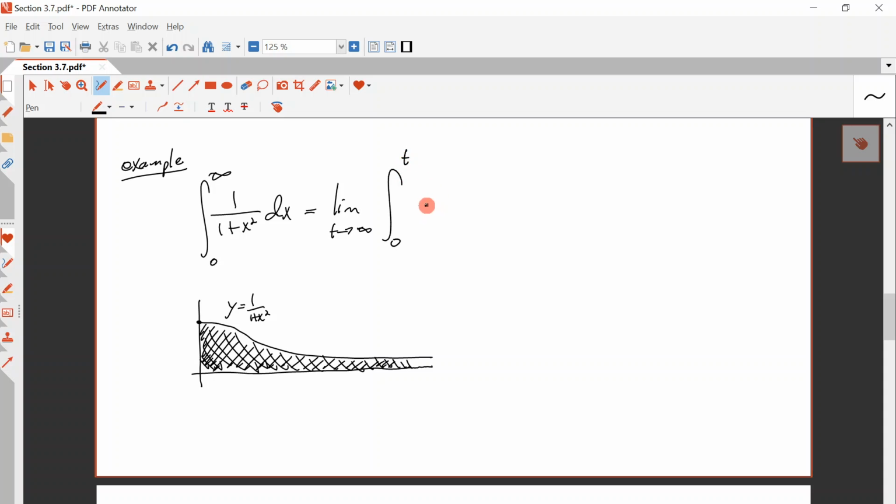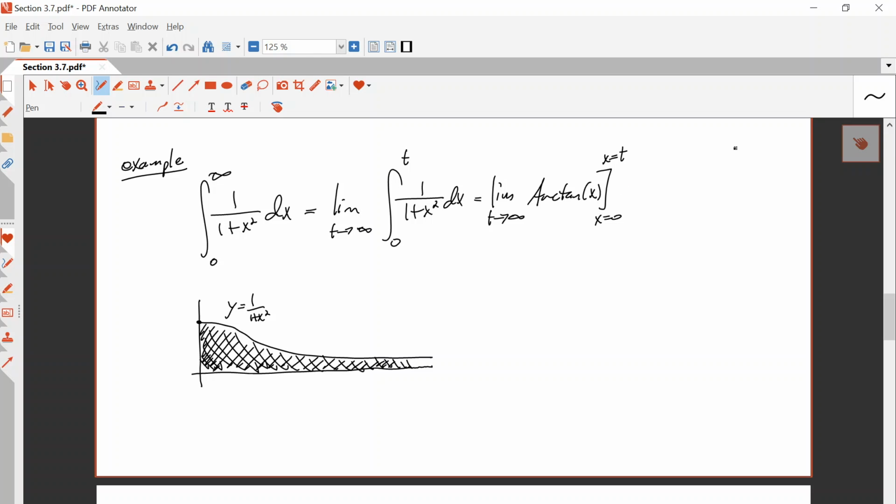So this is the limit as t goes to infinity of the integral from 0 to t, 1 over 1 plus x squared dx. The antiderivative is arctangent x. So arctangent x evaluated from x equals 0 to x equals t. So we're still working on the integral. We're trying to get the integral as an answer in terms of t.